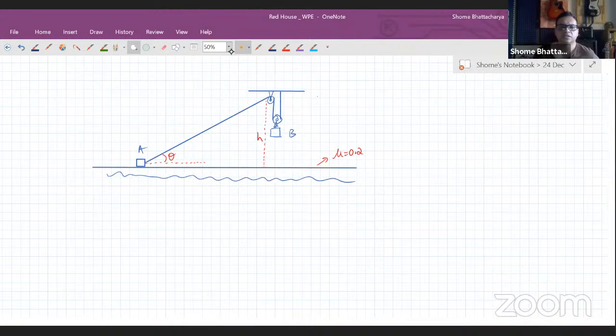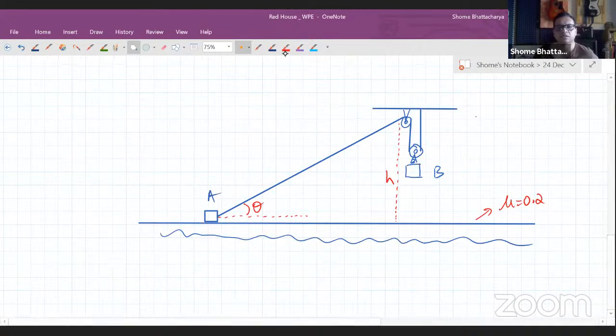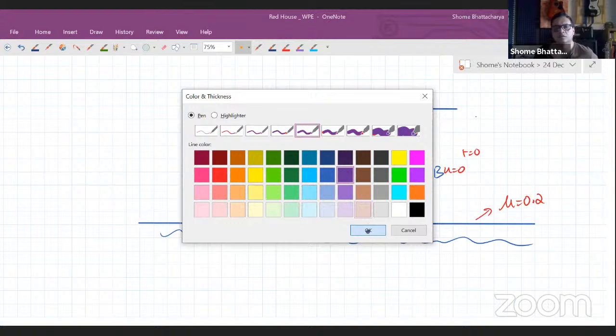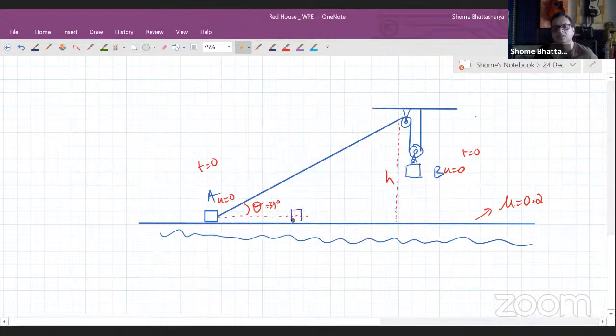Initially in this situation, theta is 37 degrees and both the blocks are starting from rest. This is the picture at t equal to 0. Now, after some time, A has reached here, let's say.